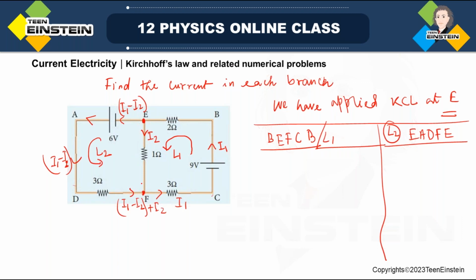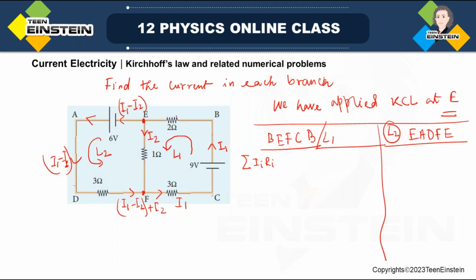In fact, at each branch we will be applying Ohm's law itself, but here we will be applying KVL. So suppose I take this loop, BE. First of all, let us find out the voltage drop, IR, the sum of the voltage drops across each resistor.